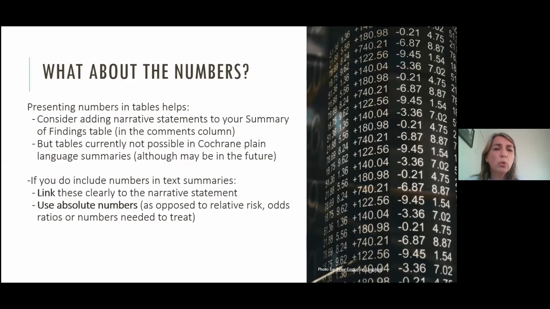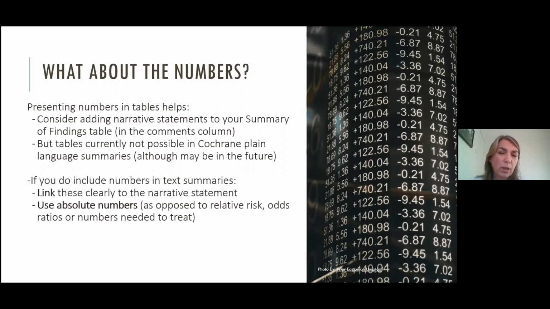But if you do decide that you need to include numbers in your text, you need to link these clearly to the narrative statement, so people can see the numbers and then move to the narrative statement, move between them, and check that they've understood. And you need to use absolute numbers. Don't use relative risk, certainly not odds ratios, and probably not numbers needed to treat.